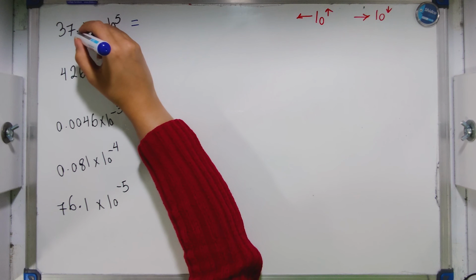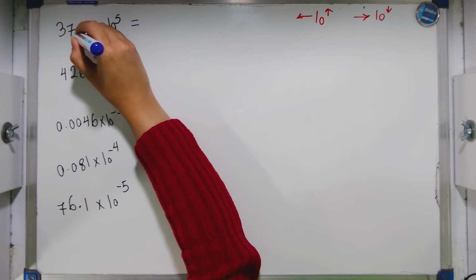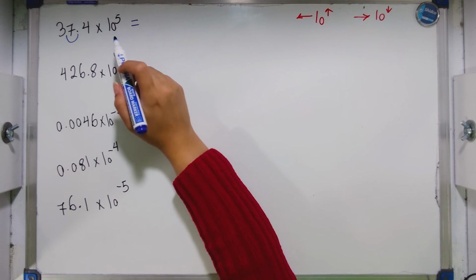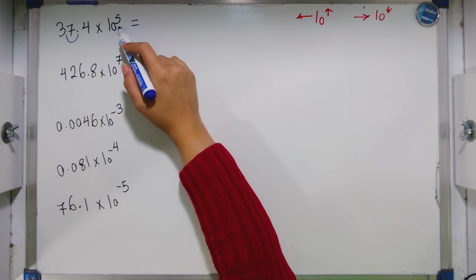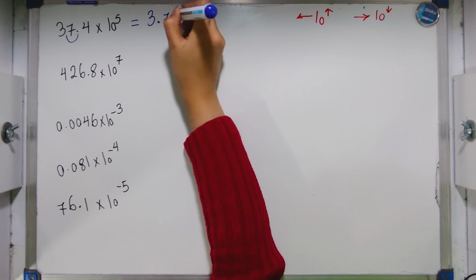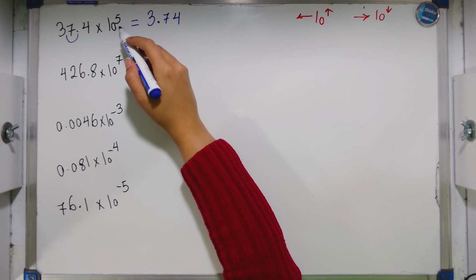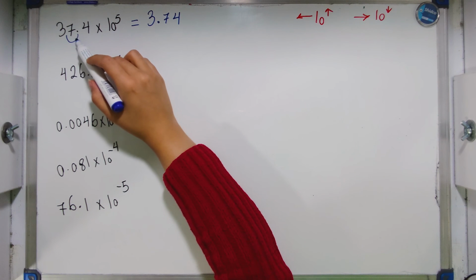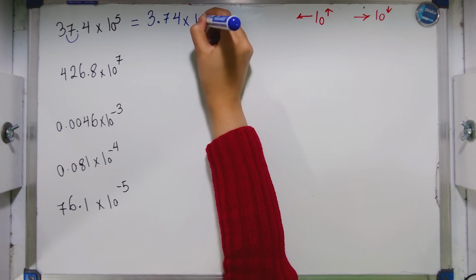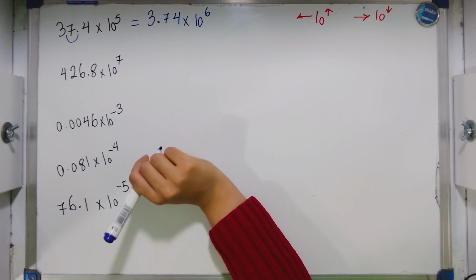I have to move this point between 3 and 7. So I have to move it by 1. I have to move the point by 1. Because I am moving to the left, I have to increase the power of 10. I have to change 5, because I have moved my point by 1 unit, to power of 6.